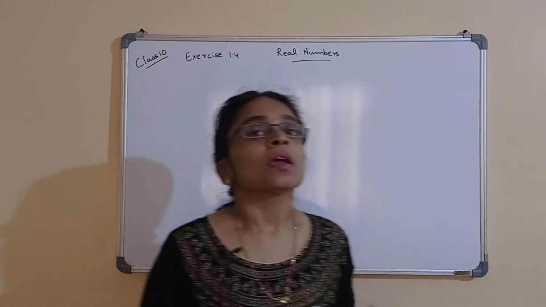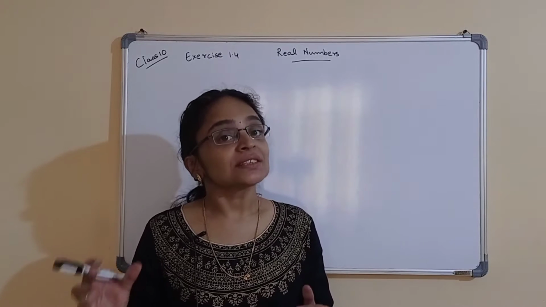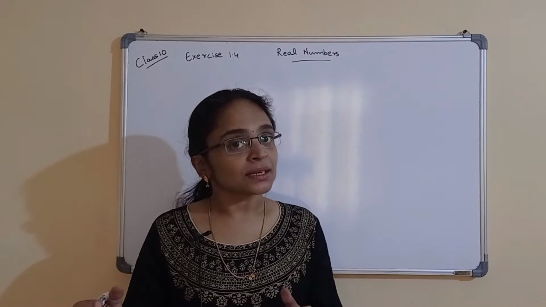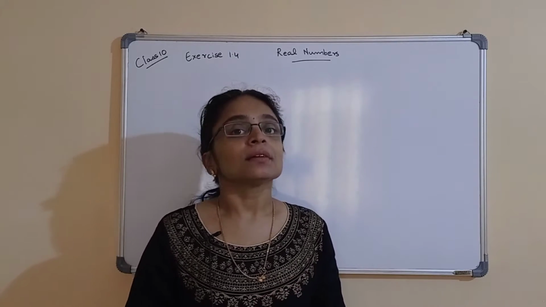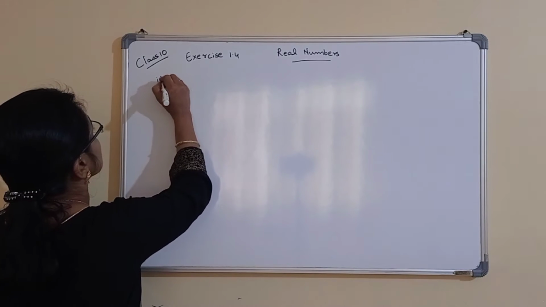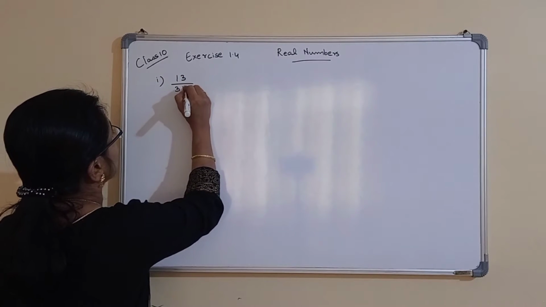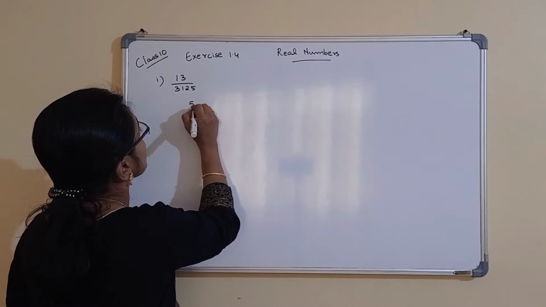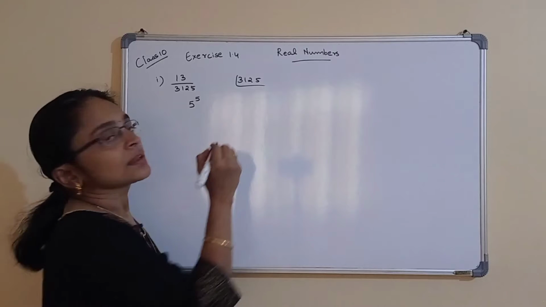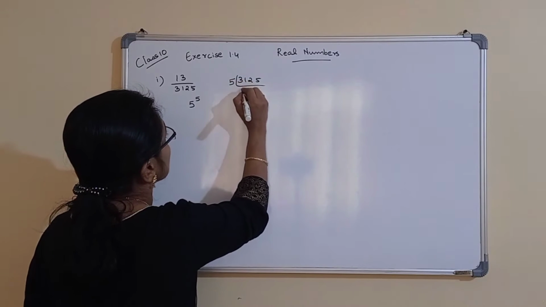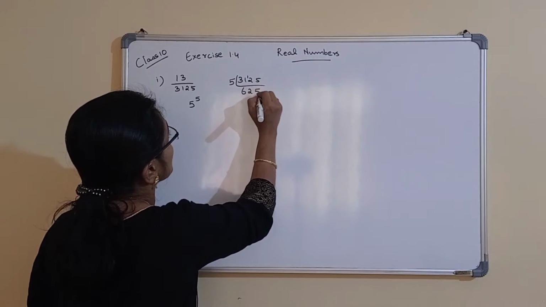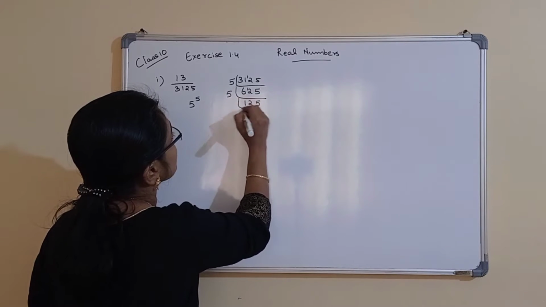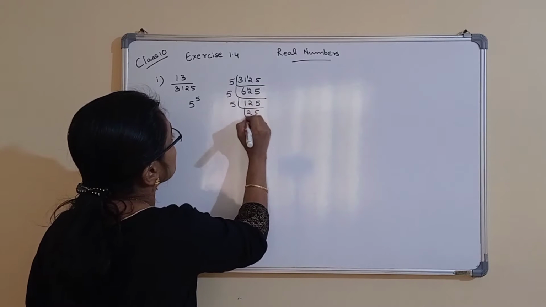The first question is, without performing actual division, state whether the following numbers are rational with terminating decimal expansions or non-terminating. The first one is 13 by 3125. 3125 is 5 raised to 5. 3125 can be factorized as 5, 625, then 5, 125, 5 again, 25, 5, 5.